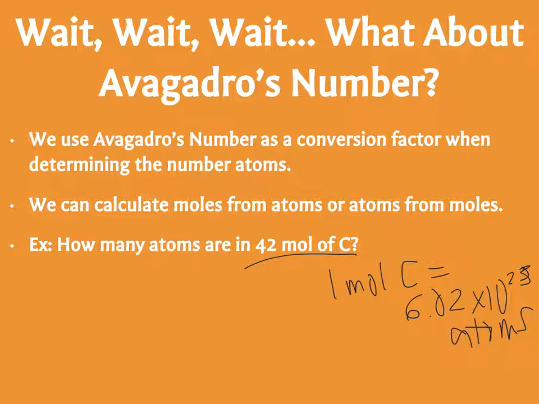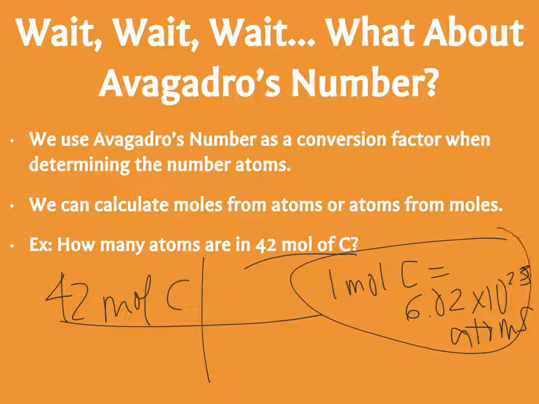So I set this up so that I begin with the number and unit given, 42 moles of carbon. And now I take this conversion factor and write it as a fraction so that moles of carbon cancel. So 1 mole of carbon equals Avogadro's number.